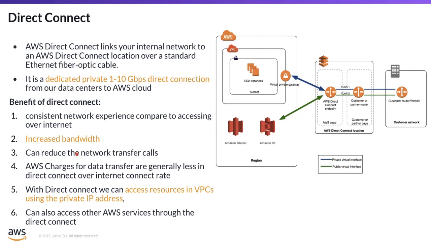It also reduces the network calls between the VPC or AWS cloud and the customer, and the data charges are reduced as well, because Amazon charges for any data transfer to the internet, and that can be avoided.